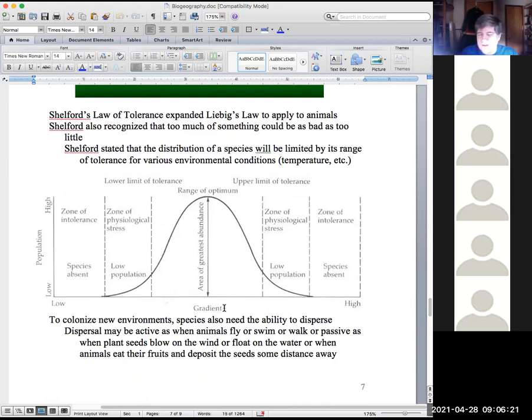So our x-axis always represents a gradient, a difference in this factor. So think of this like temperature, or the amount of precipitation, or the percentage of nitrogen that's found in the soil, or anything else that we want to study. But he said, if we look at a typical ecosystem, these factors aren't distributed equally.